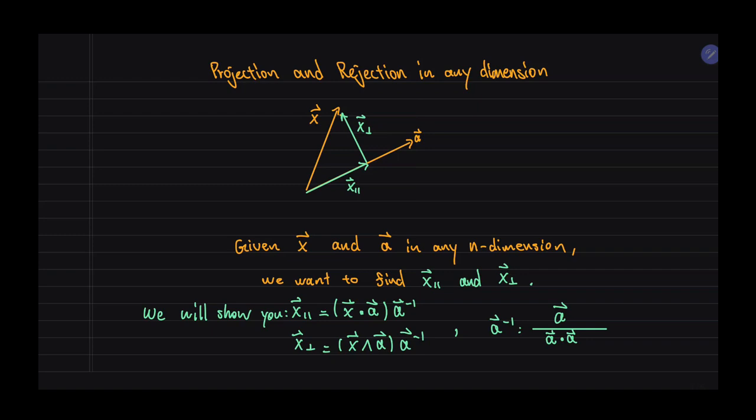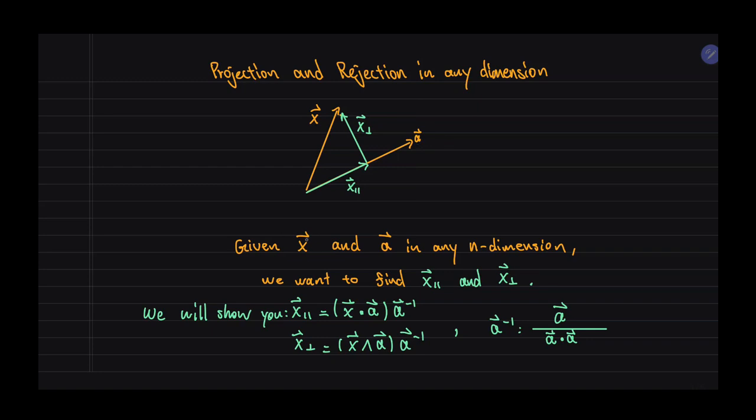We start with two different vectors, vector x and vector a, and we want to decompose vector x into two different vectors. The first is the vector parallel with a, and the second vector is the vector that is perpendicular to a.